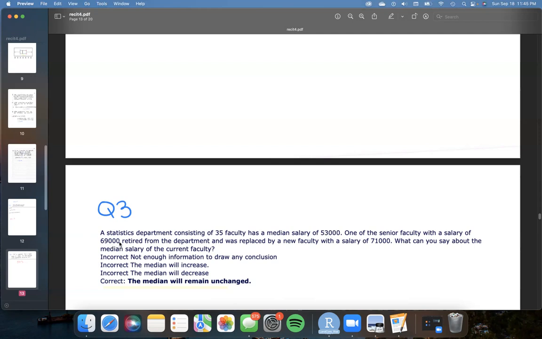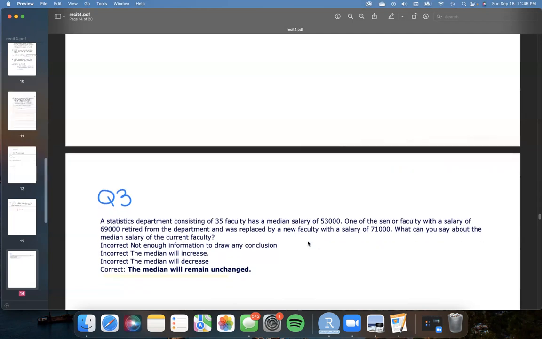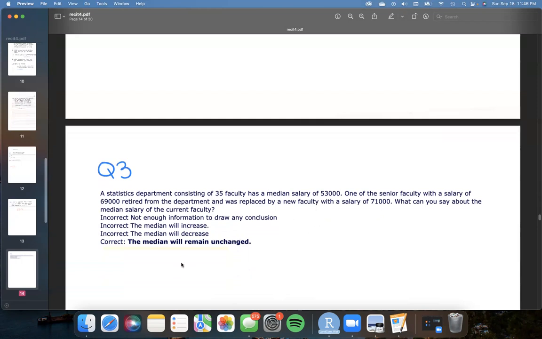And then when this person left and the new person was hired, it was still greater than the median. So if you were to cross off one from the bottom, one from the top, and eventually work your way to the middle, that middle number wouldn't change because the previous number and the new number are both larger than the median.